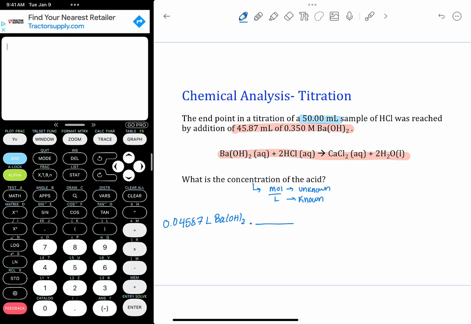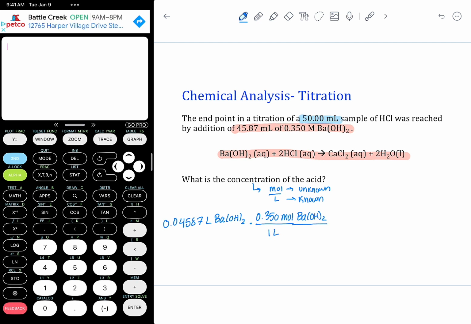Now, molarity has units of moles per liter, meaning it can be used as a conversion factor to go between volume and moles. This is just like what we see on a concentration triangle or molarity triangle. If I want moles, I take my molarity and I multiply it by my volume. So we're going to put 0.350 moles of barium hydroxide on top.